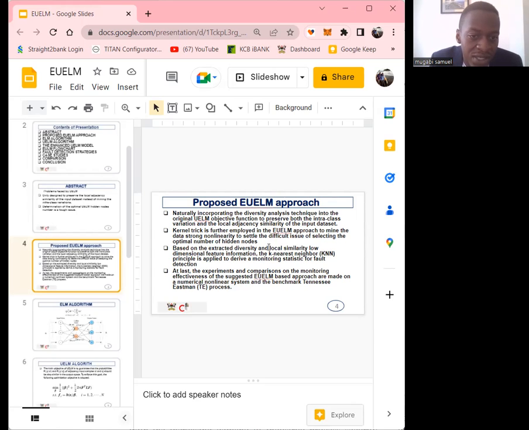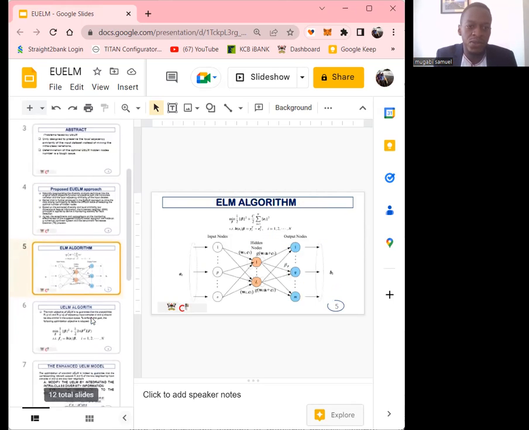Then, based on the extracted diversity and local similarity, low dimensional feature information like the KNN is applied, and lastly, experiments of comparison between these different methods are given, and graphs and tables are shown in the paper that we are reviewing, showing how this method measures up with other approaches that were previously used.